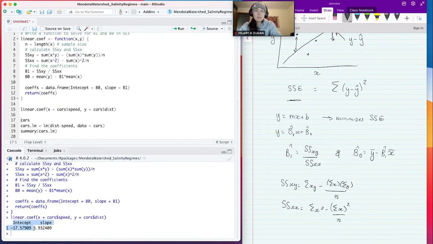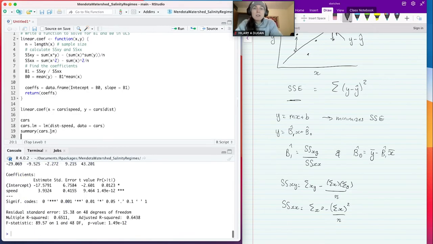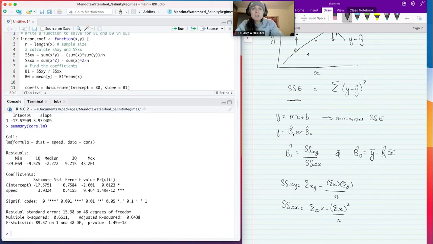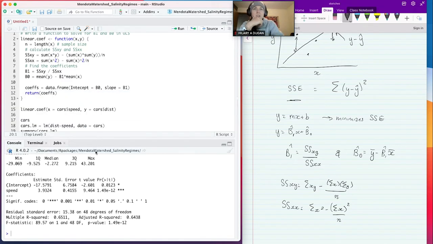And we come up with an intercept of minus 17.579 and a slope of 3.93. And if we look back at our summary from our cars, what we'll see is those are the same answers, which is great. We analytically solved for our linear regression model.